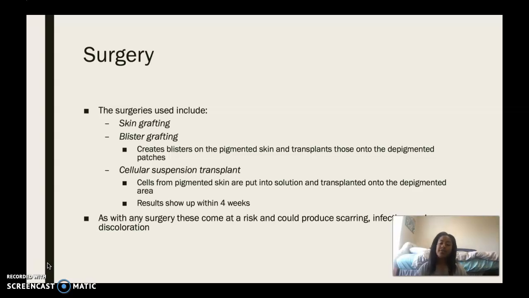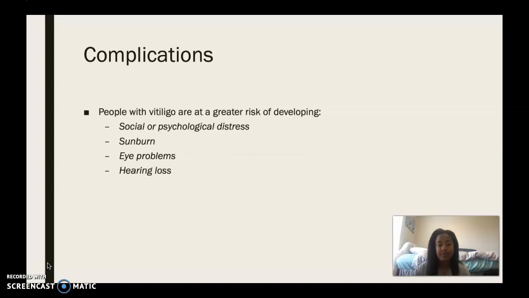Results usually show up within 4 weeks. But as with any surgery, it comes with risk, and it could produce more scarring, infection, and more discoloration. So this should be used as a last resort, and it's really never used because vitiligo is non-life-threatening.